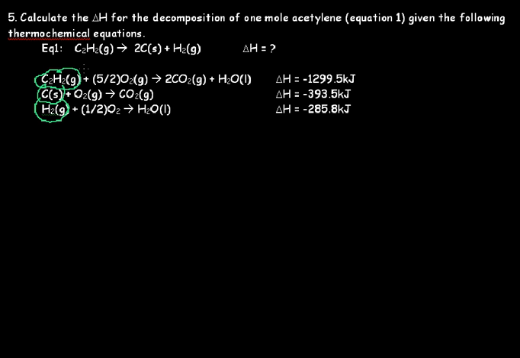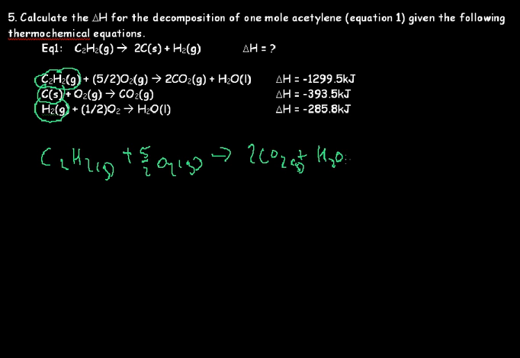We have 1 in each of them, so we're going to set this equation up just the way it's set up here. And we don't have to do anything to our delta H. It's going to stay negative 1299.5 kilojoules.